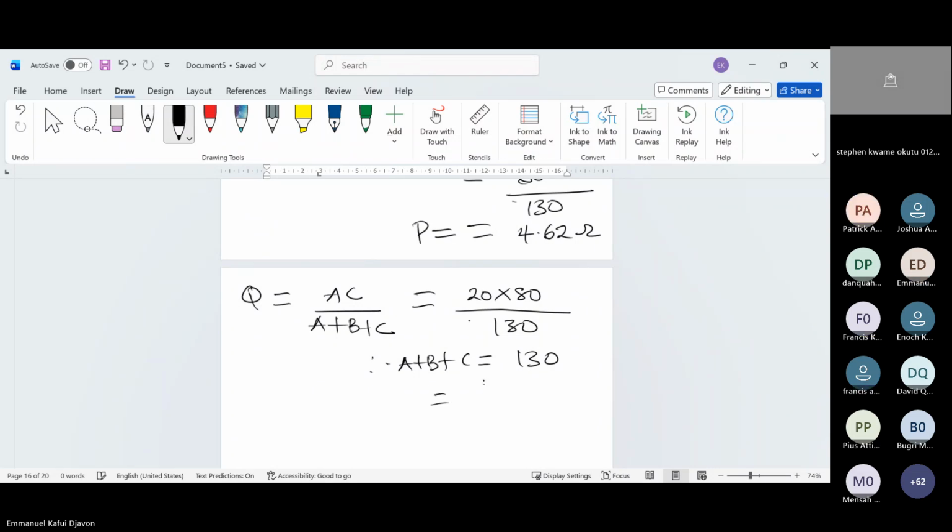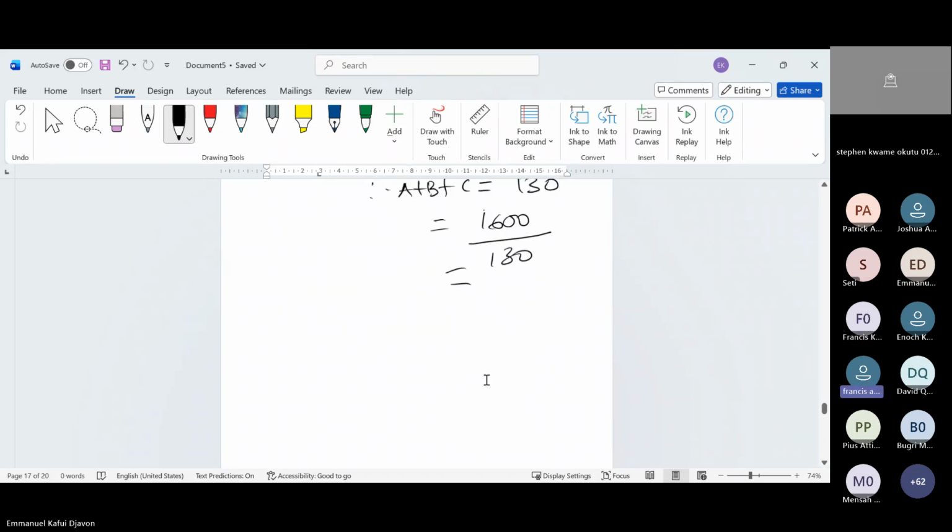So 20 times 80 is 1,600. Divided by 130. That will give us 12.31 ohms.